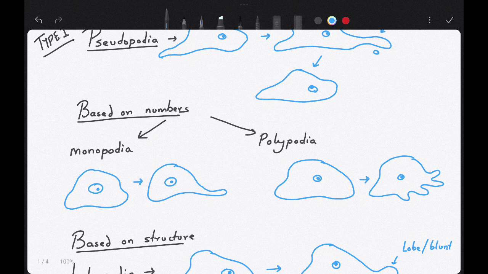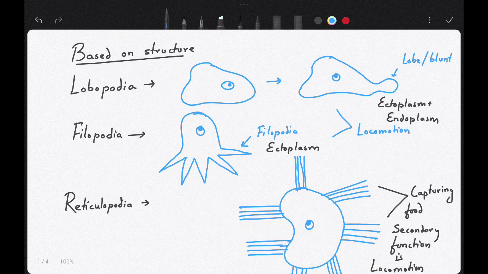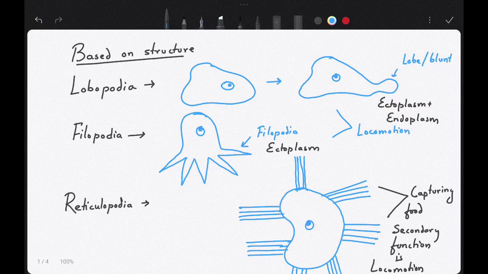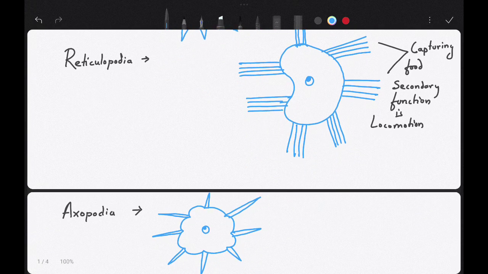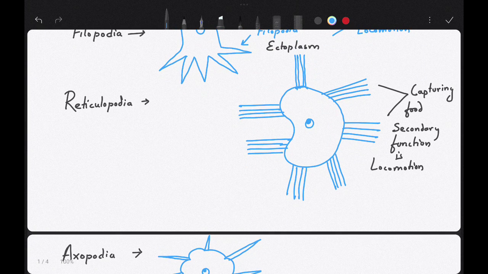Polypodia means more than one pseudopodia is formed. Then we studied lobopodia, filopodia, reticulopodia and exopodia. Lobopodia and filopodia help in locomotion; their main function is locomotion. Reticulopodia and exopodia, their main function is capturing food, and the secondary function is locomotion.